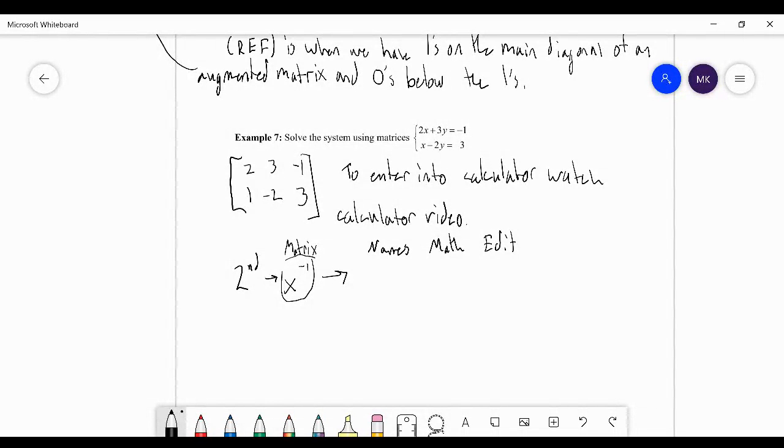So don't worry about that. Just overwrite or rewrite the numbers every time. Okay. So what we're going to do is go to edit and then choose your matrix. So edit, and then let's just choose option 1, which is matrix A.